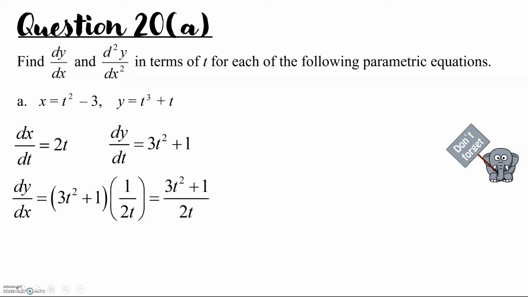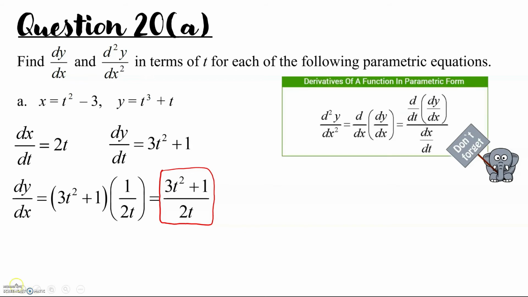And then we want to find out our d squared y over dx squared. To find out this one, remember that your item here is in t, not x. So we need to use the formula of parametric equation. So this one: d over dt of dy over dx divided by dx over dt.